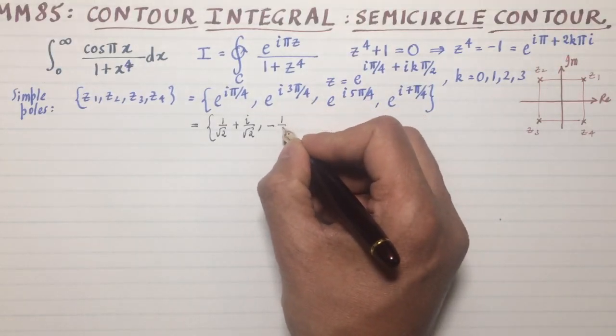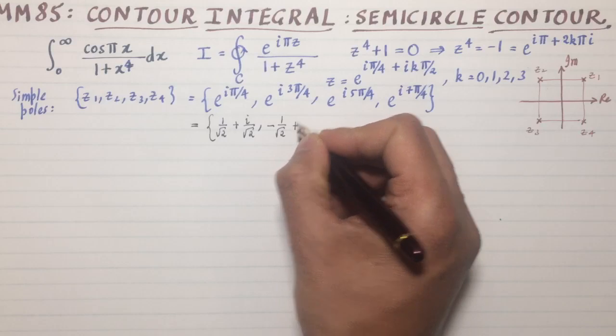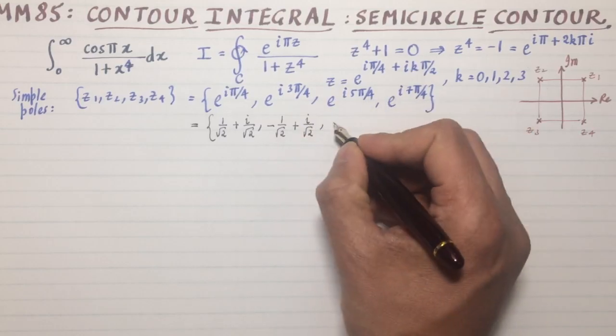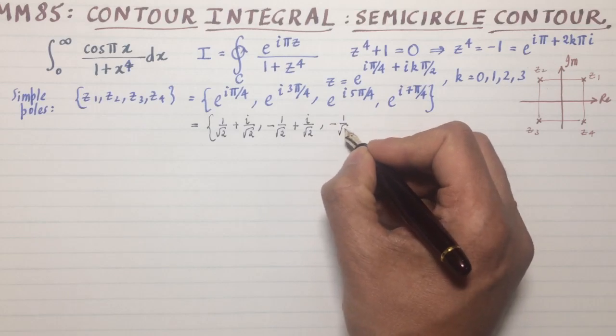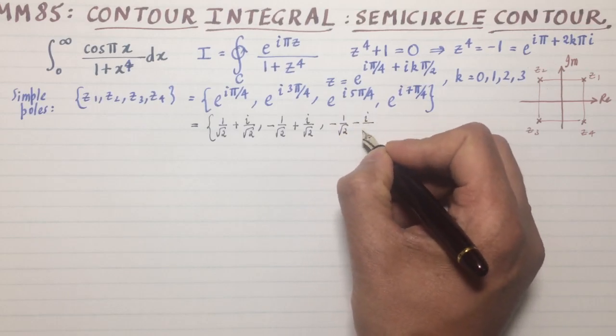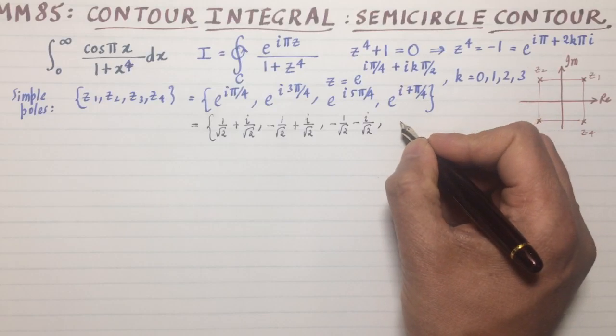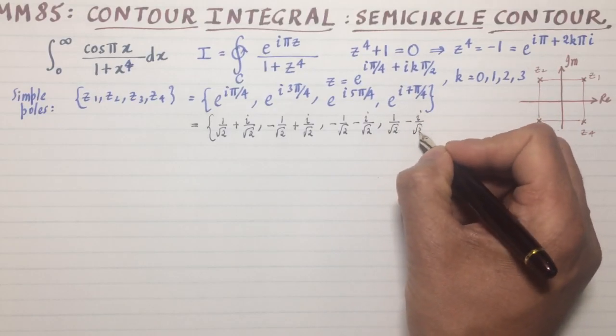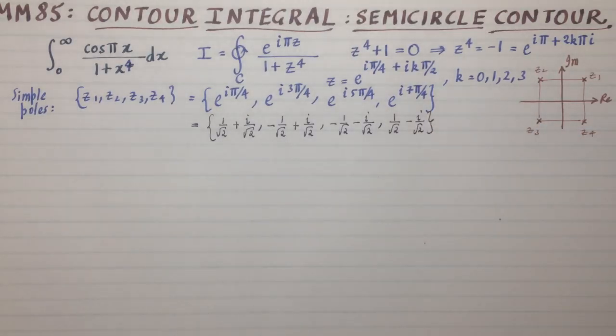So z2 is negative x component, positive y component, negative x, negative y, positive x component, and negative y component, simply thinking of the complex numbers as vectors.